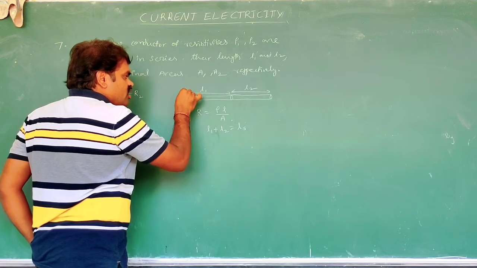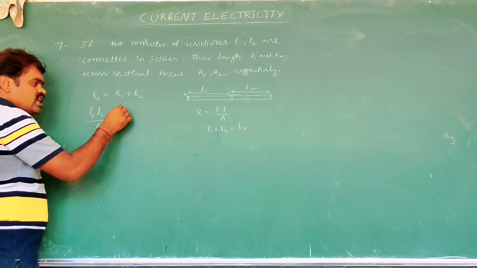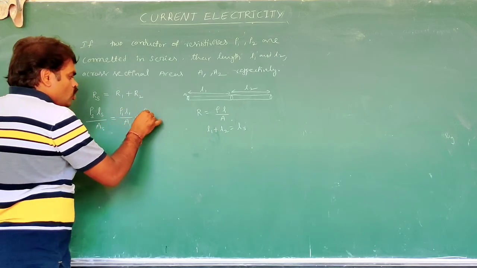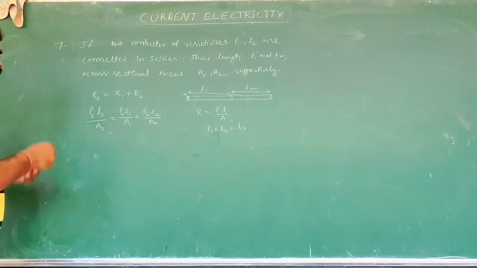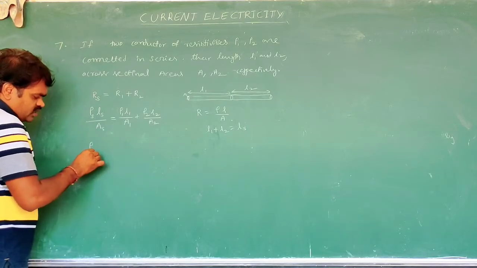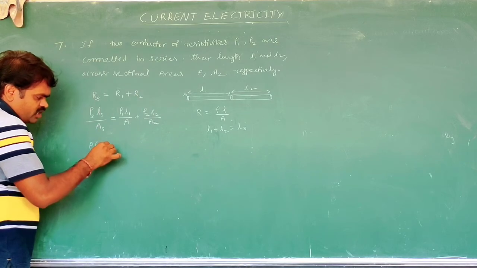That is rho 1 L1 by A1 plus rho 2 L2 by A2. Here rho S into Ls is the total length. What do we get in the series combination?